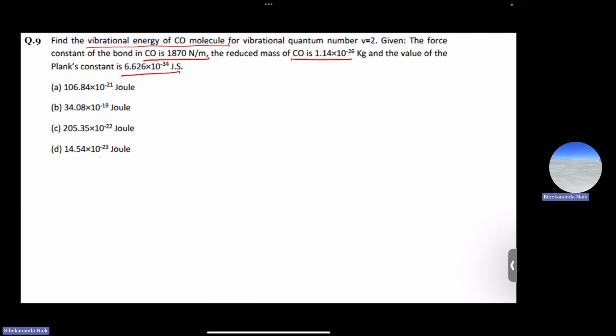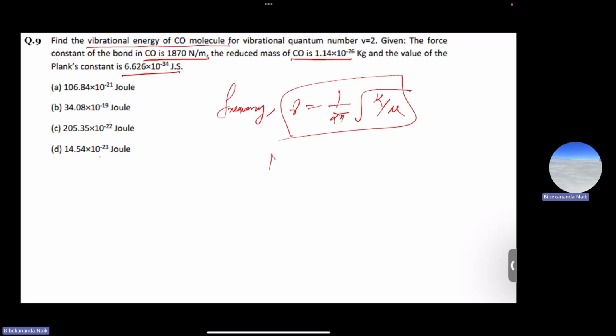If we discuss, we know the frequency of oscillation in case of a molecule. If you assume simple harmonic motion, the frequency is given as nu equals 1 by 2 pi times the square root of k by mu, where k is called the force constant and mu is called the reduced mass.